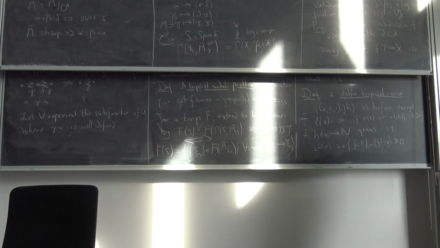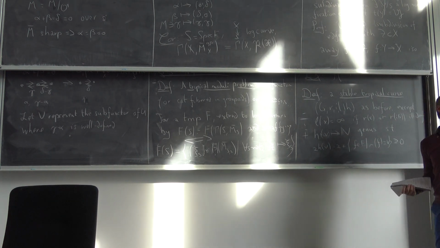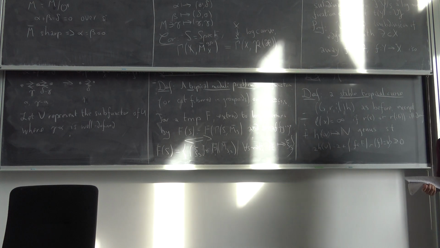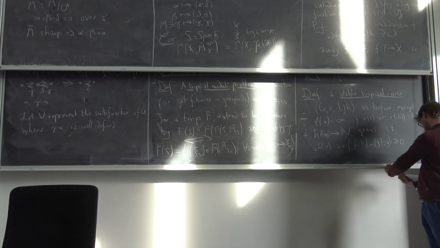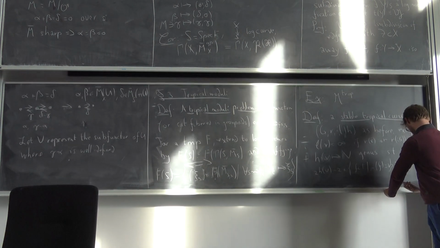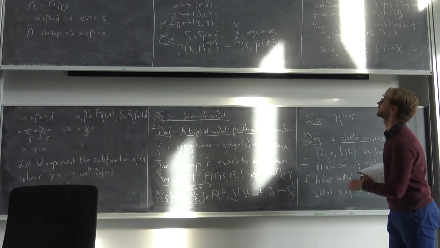And the genus of such a curve is the sum of the genera of the vertices, plus the genus of the graph, so B, the first Betti number. I should also say that, no, I should not say that yet.